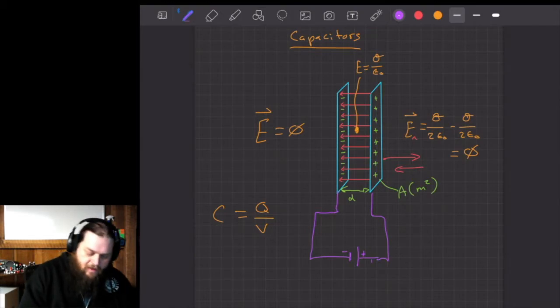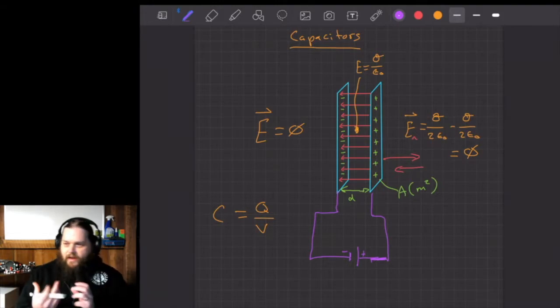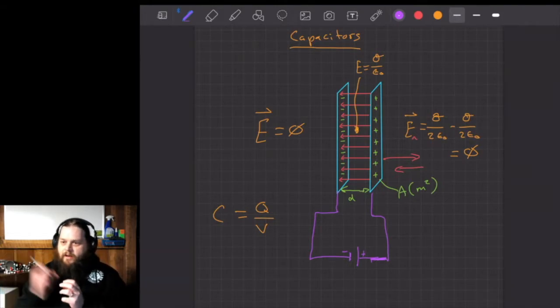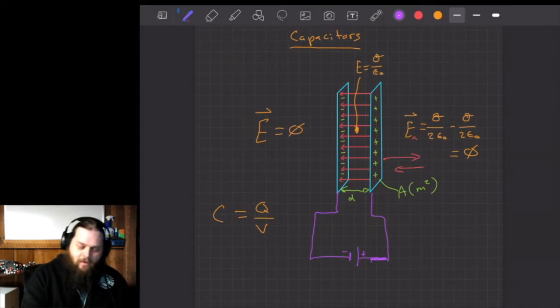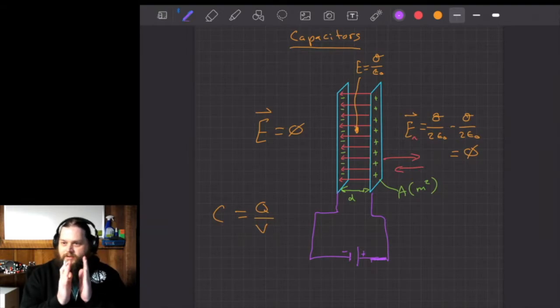And when we connect this up to our battery or a power source or something to that effect, what happens is the positive side of the power source is going to attract all the electrons in the plates that start out neutral. So that plate becomes positively charged. And the negative side is basically going to flood electrons out to that negative side to try to get close to them, because they're attracted by the positively charged plate there.